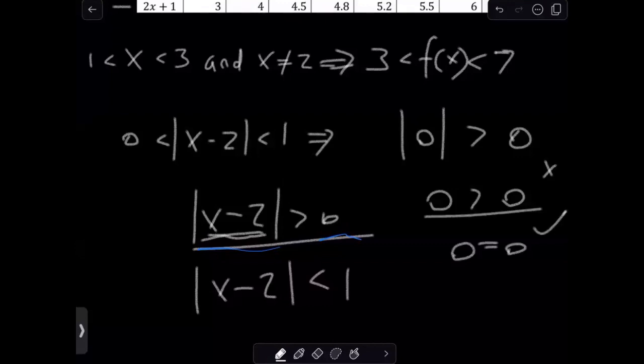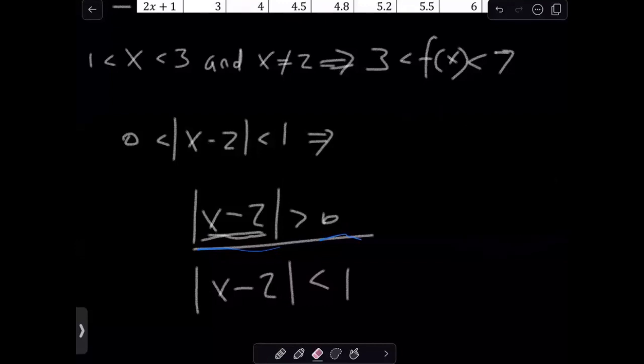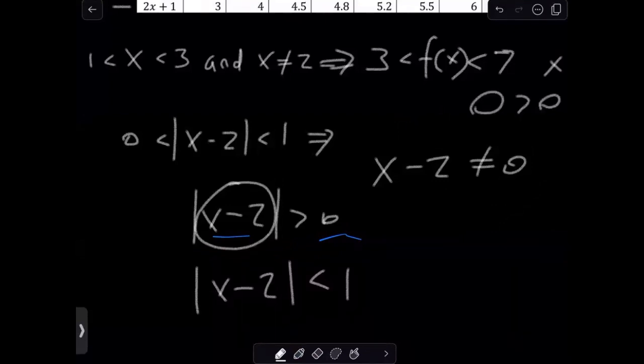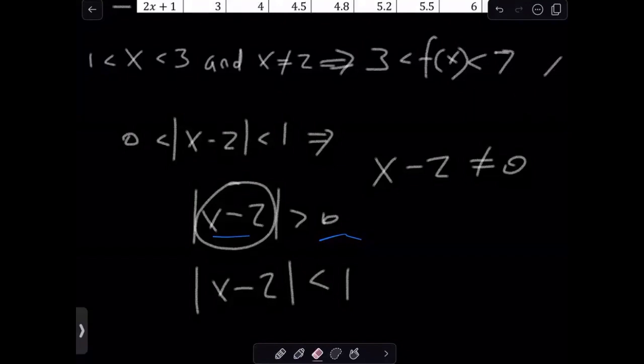So what we are saying is that whatever is inside the absolute value cannot be equal to 0, because then we'd get that nonsense statement, 0 is greater than 0. So we need this restriction: x minus 2 is not equal to 0, and then we just solve.